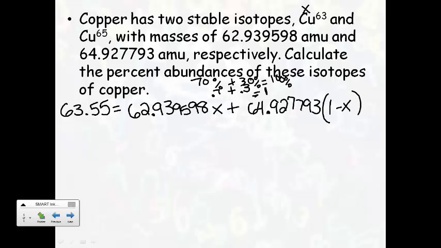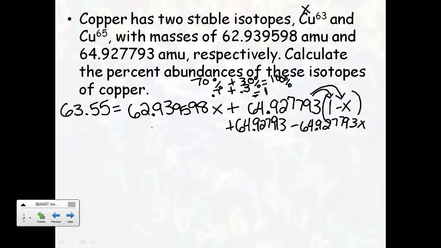Right now it's just a math problem, so you got to distribute this into both of these. All right, so here we got 64.927793 minus 64.927793X.